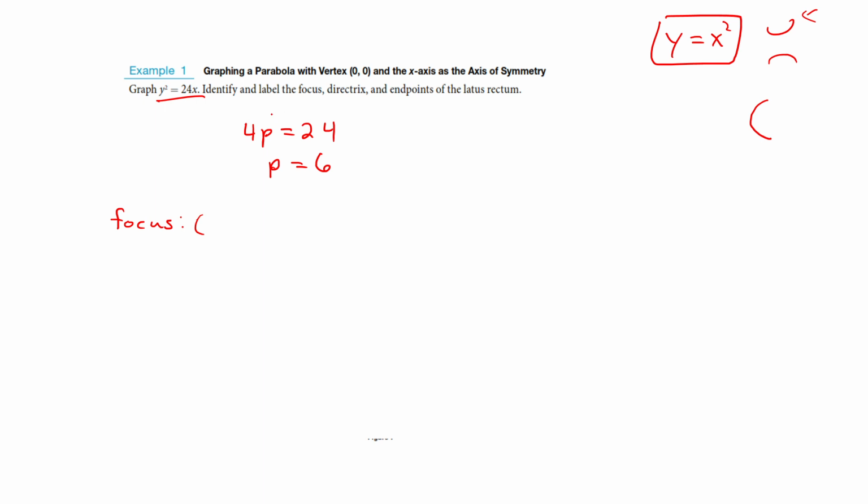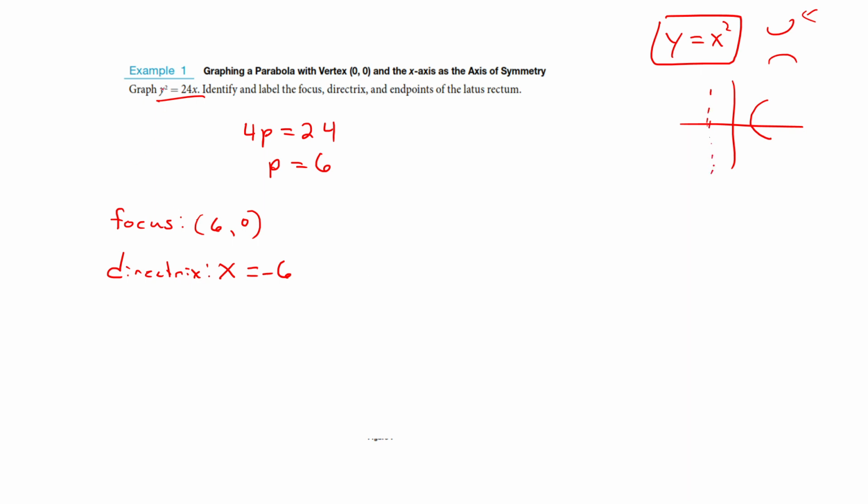We're moving right and left, so the focus has moved to the right p values. So (6, 0). The directrix is a line that uses p to go in the other direction. So we want a vertical line here. That is an x line, and it equals -6 because we came back.